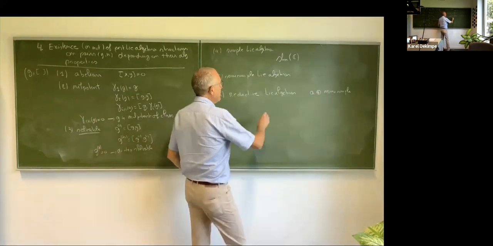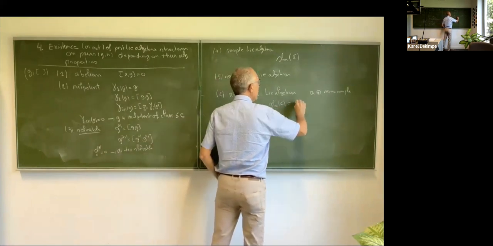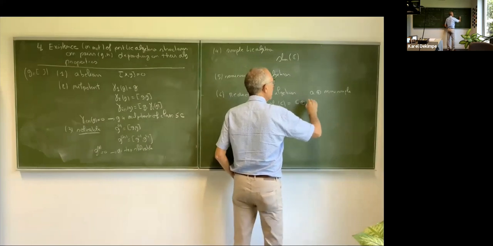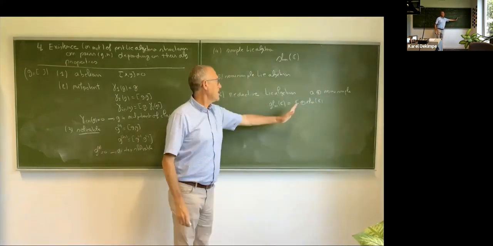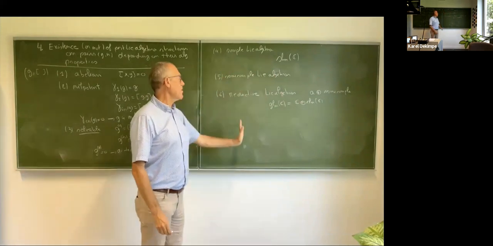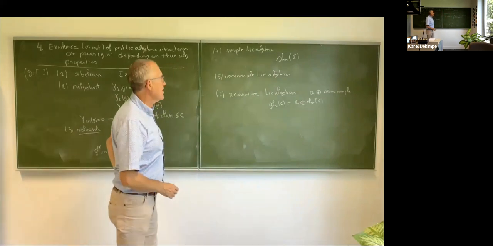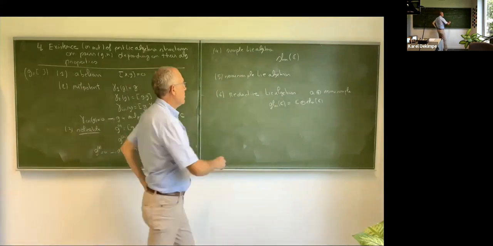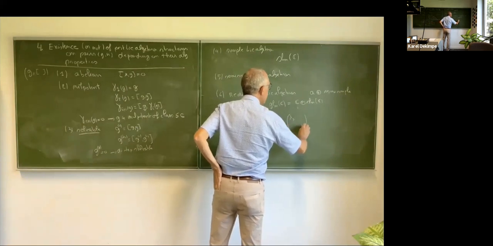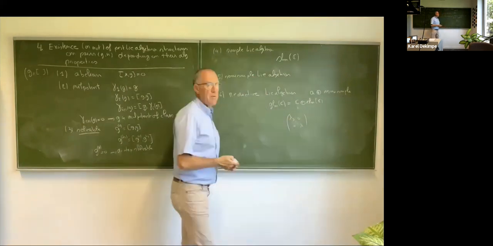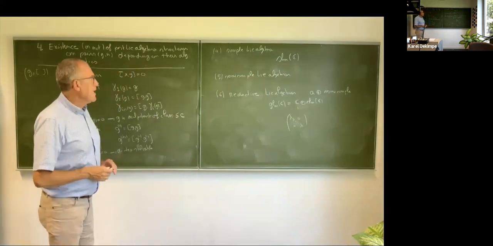The typical example you should keep in mind over here is gl_n(C), which you can write as C plus sl_n(C), where the C stands for the diagonal matrices with all entries the same on the diagonal, so the scalar matrices. So the C elements are of the form diag(lambda, lambda, ..., lambda). Okay, so this is what I'm going to use.